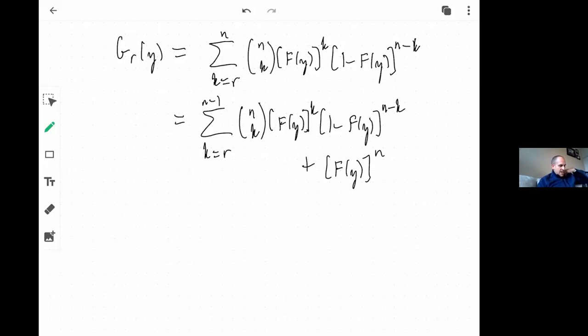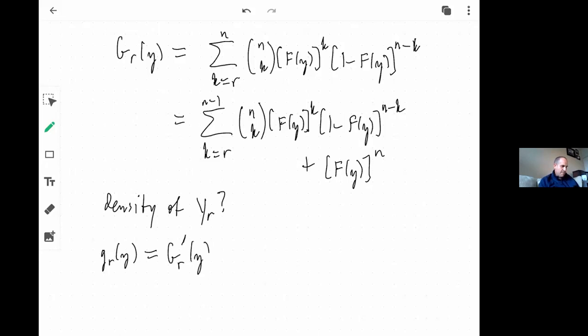And what do we want? We want the density of Y sub r. So g sub r of y is how we'll denote that, and this is going to be g sub r prime of y.